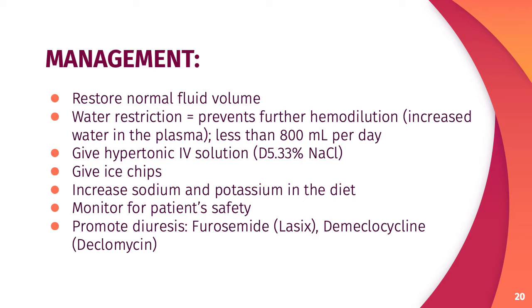Demeclocycline is a tetracycline antibiotic with a unique property of creating excessive urine flow. So the treatment really is geared towards addressing the low serum sodium and the swelling as well as the excess of water.